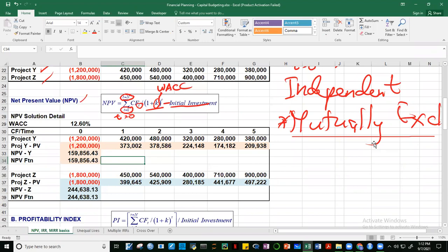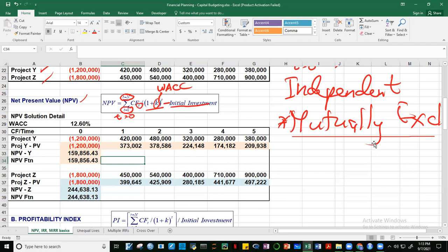So if there are budgetary constraints, then among our independent projects, some may be rejected. Suppose there are 5 projects, all with positive NPVs, but the budget is limited such that we may not be able to take all of them.